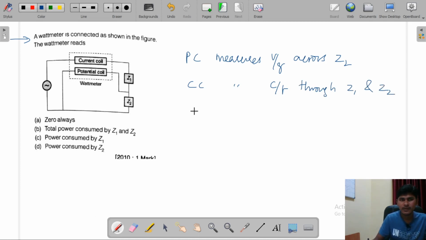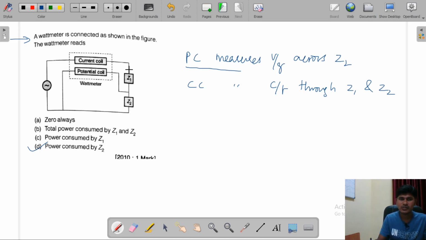Then the wattmeter indicates power consumed by Z2 only, because this PC is connected across Z2 only. So PC will measure voltage across Z2.